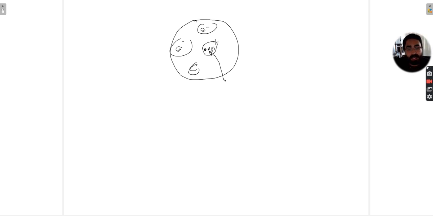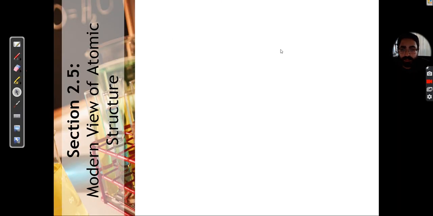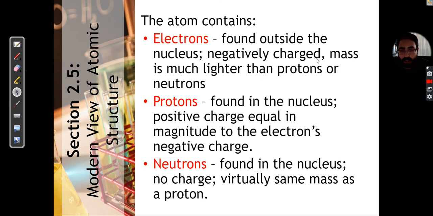When they did calculations, the mass of the nucleus kept coming up twice as high. It didn't make sense to have twice the amount of protons. If I'm not mistaken, and I might be mistaken, the neutrons have the same mass as protons.